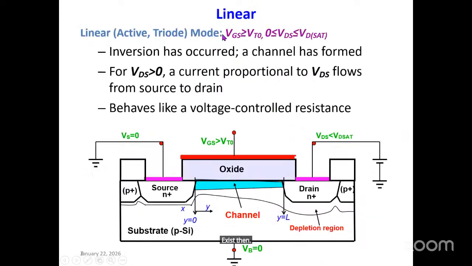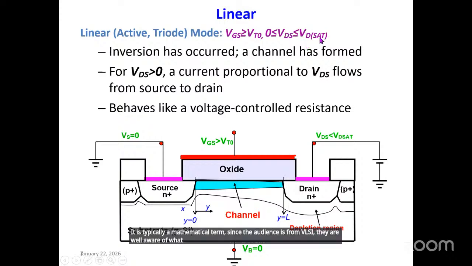Then, when the gate voltage is more than threshold, but the drain to source voltage is less than VDSAT, VDSAT means VGS minus VT. It is a typical mathematical term. Since the audience is from VLSI, they are well aware of what is meant by VDSAT.